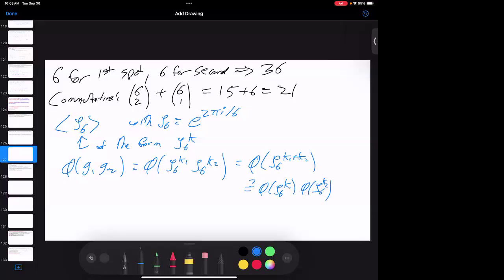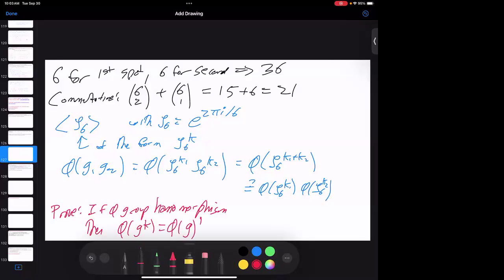And here is something useful to prove: prove if phi is a group homomorphism, then phi of g to the k is phi of g to the k. If that were true, that makes this problem a lot easier.